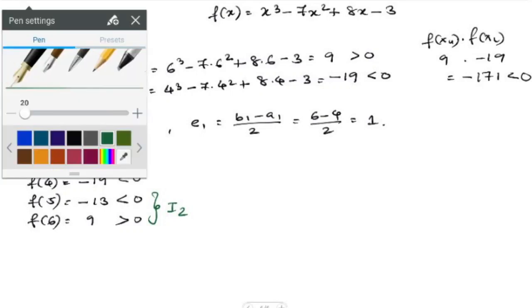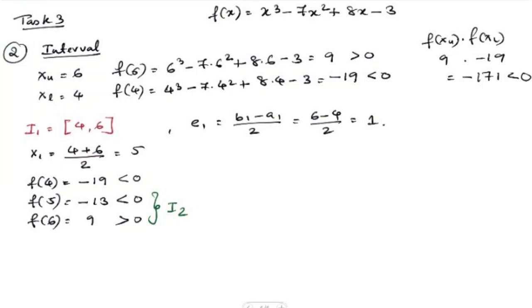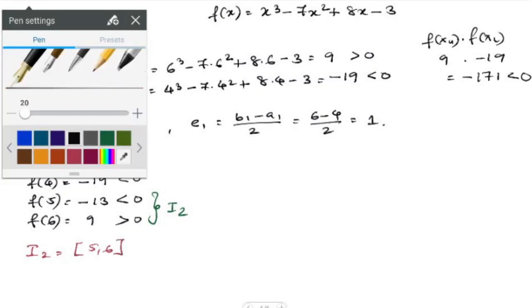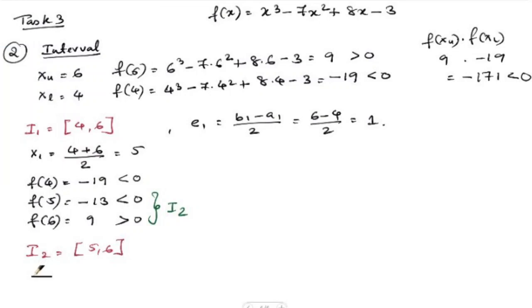Let's write our second interval down now. Interval 2 is 5, 6, and if we work it out now, x2 will be 5 plus 6 divided by 2, which is equal to 5.5.